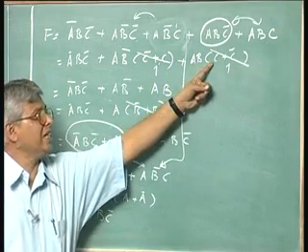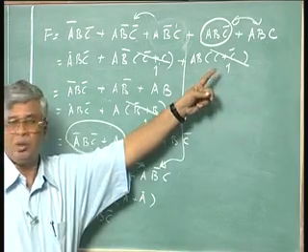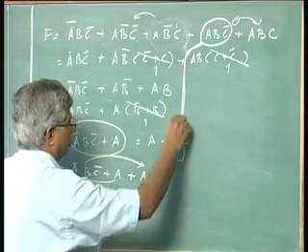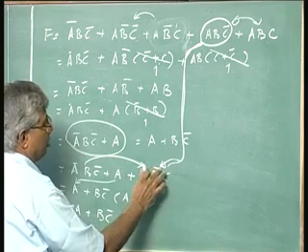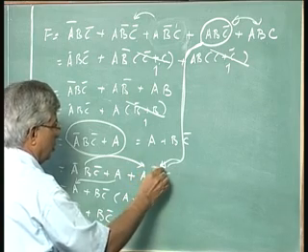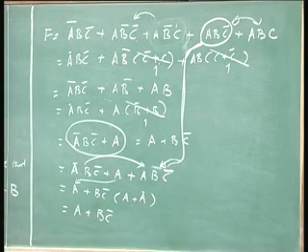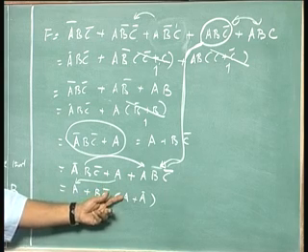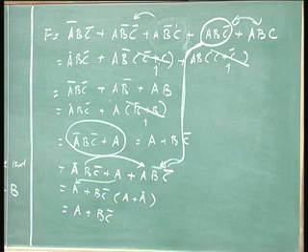A B C, C bar, A B C. I am reusing this fourth term. So, it becomes A B C bar, and take B C bar out and write it as A plus A bar, knock it off and make it 1.